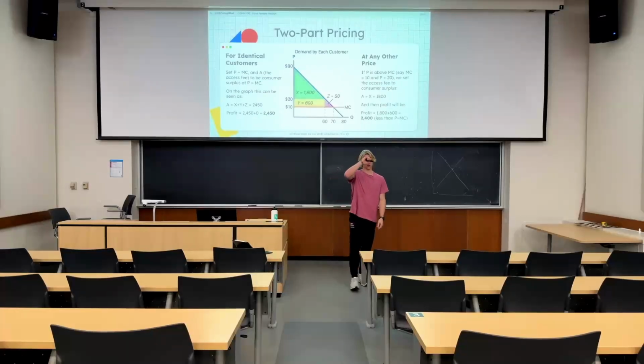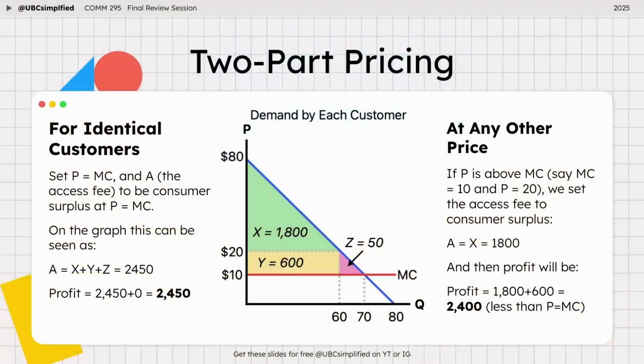So for this two-part pricing, if you have identical consumers, so everyone has the same willingness to pay, what you're going to do is calculate what the total surplus would be at the perfectly competitive price. So you calculate, okay, what's the quantity at the perfectly competitive price?